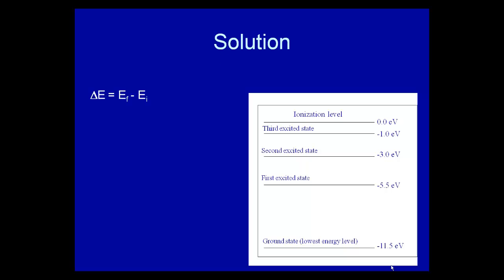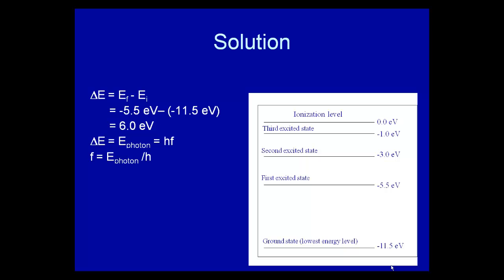Now here's a way to do it in 2 steps. The delta E is equal to E final minus E initial, 6 electron volts as you've seen before. E is equal to hf, so therefore f is equal to E divided by h. Use the electron volt value for h since you have electron volts, and I get 1.45 times 10 to the 15th hertz as the frequency. Then I can use c is equal to f times lambda.